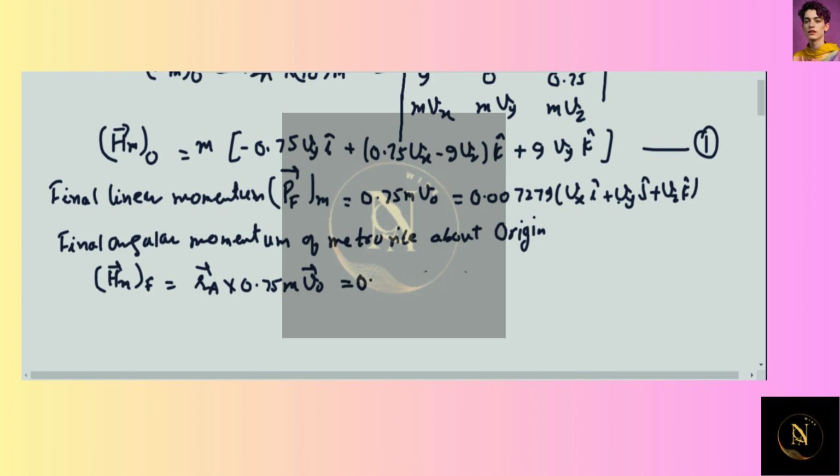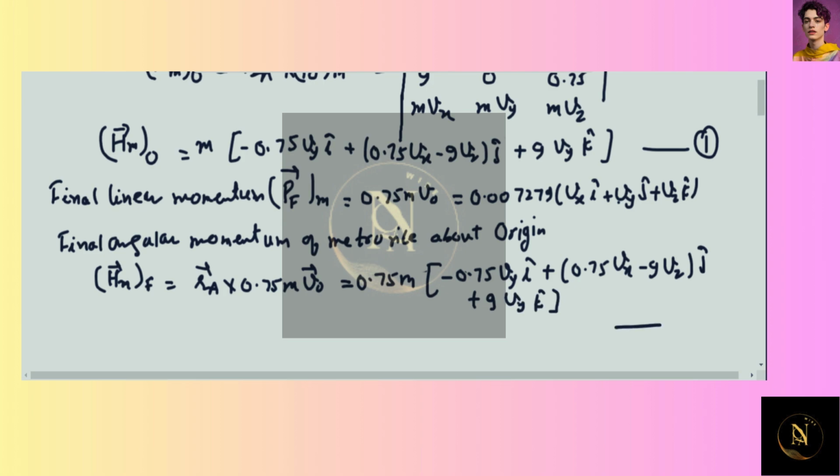So you may write 0.75 m times minus 0.75 Vy i cap plus 0.75 Vx minus 9 Vz, sorry, it has to be corrected, it is j cap, a written mistake, plus 9 Vy k cap. This is your second equation.